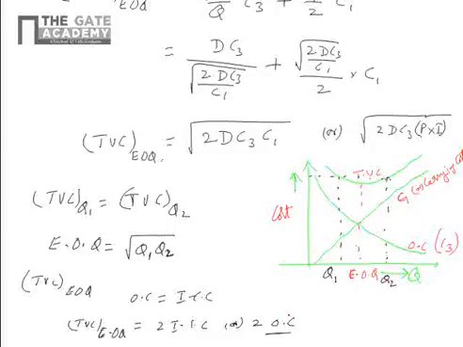So next is total annual cost. Sorry, we got the variable cost. In a similar way, what is the annual cost? For annual cost, we need to add the fixed cost.